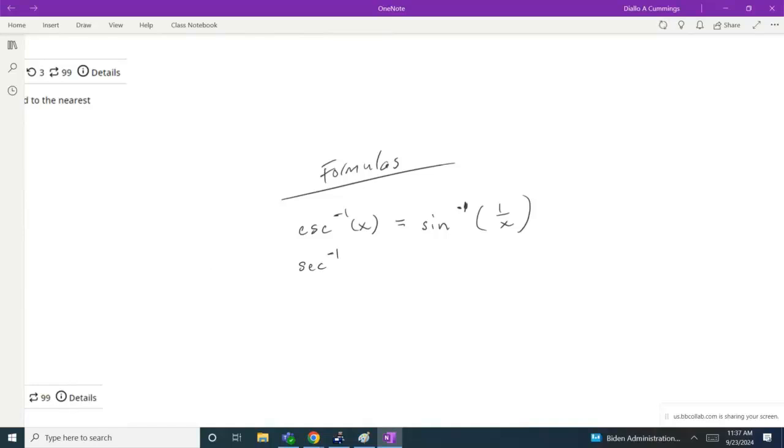The arc secant of x, that's equal to the arc cosine of 1 over x. And the arc cotangent of x, that equals to the arc tangent of 1 over x.